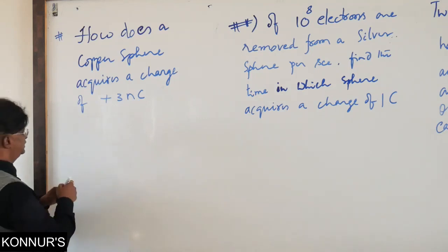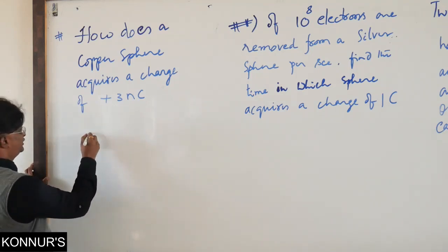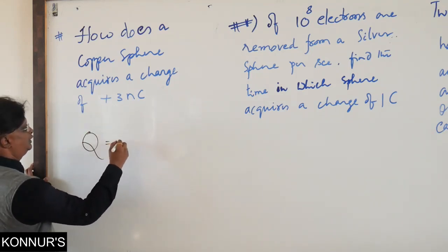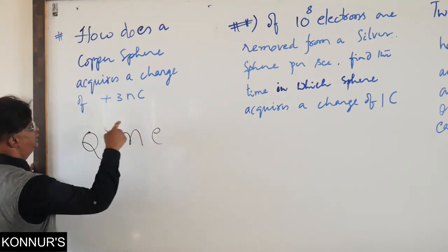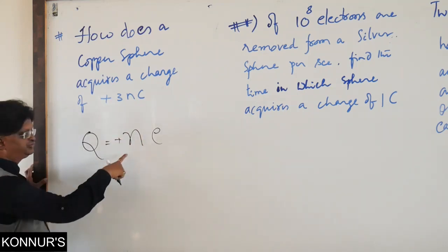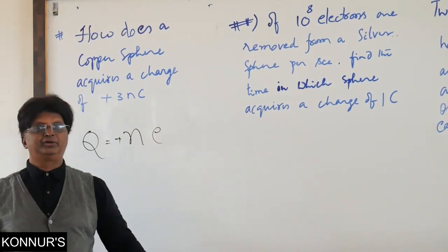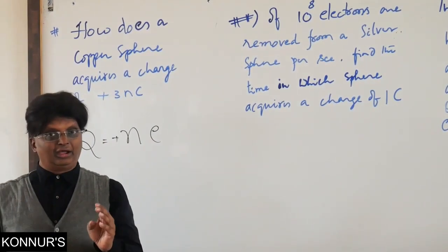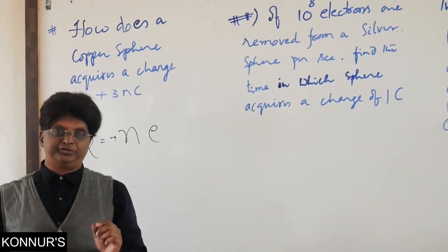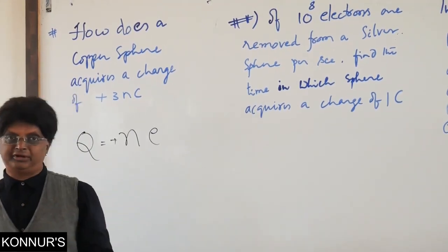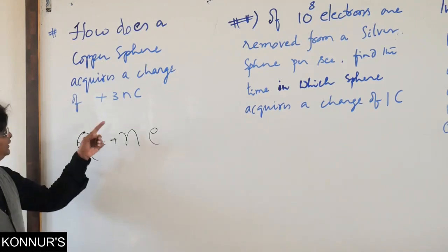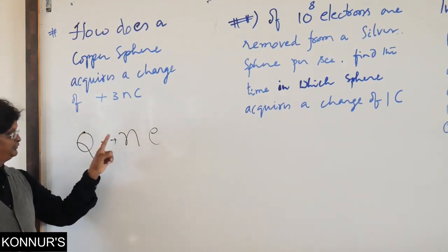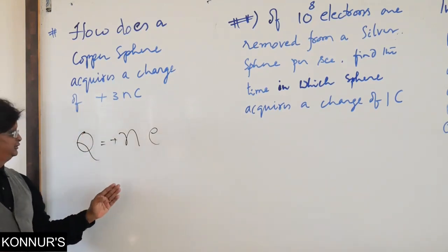Therefore our solution is quantization: Q is equal to N times E. Since this is positive charge, N is the case of loss of electrons. Remember, after getting the number, the important thing is to mention whether it is the loss of electrons or gain of electrons. The data says excess positive charge, therefore this N is loss of electrons.